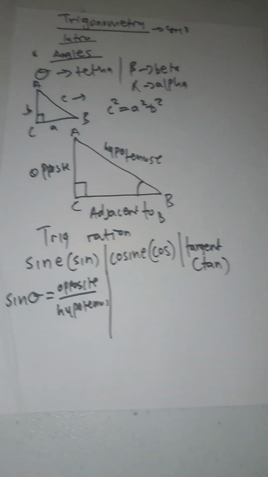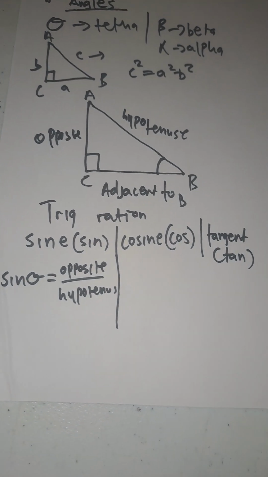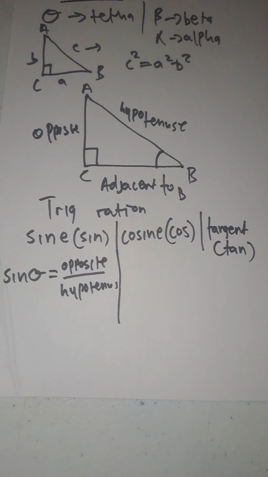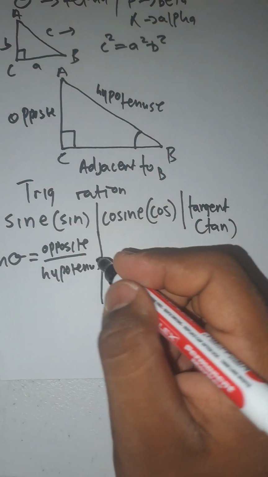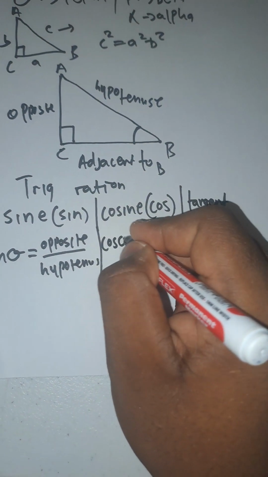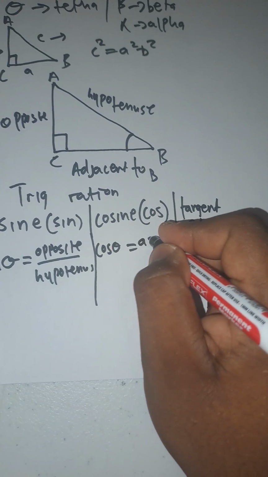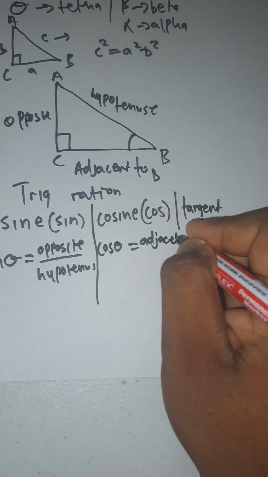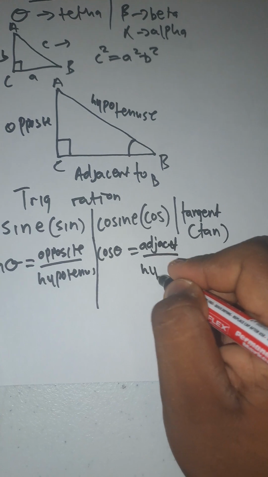That's how you express sin theta. And then cos theta is equal to adjacent over hypotenuse.